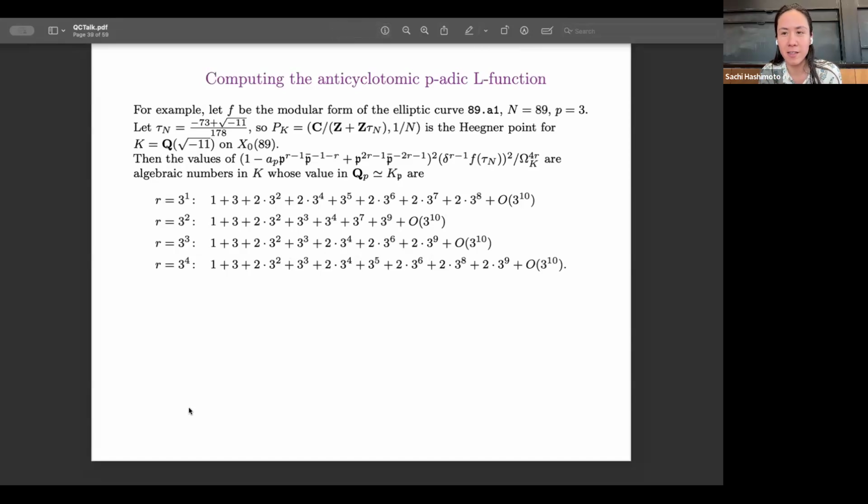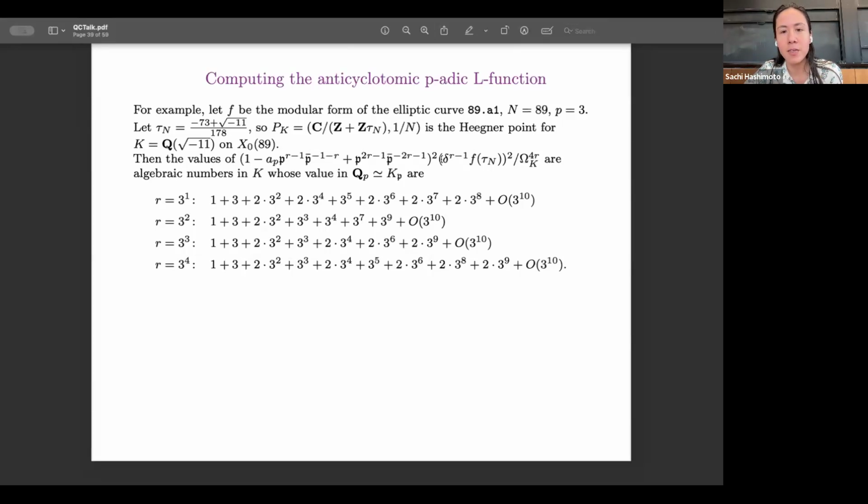Let me show you an example. So here I've picked N equals 83. I've picked this CM point coming from root minus 11. This is a Heegner point for K equals Q(√-11). And I'm going to embed things p-adically, so 3-adically, rather than show you the algebraic point, and that's to make a point about something in a second.